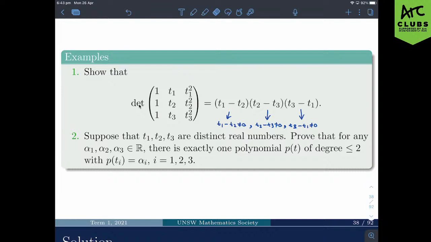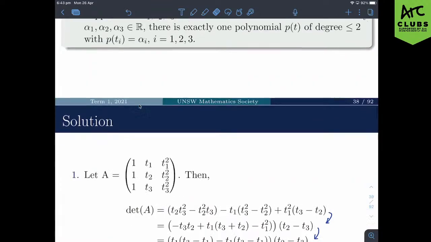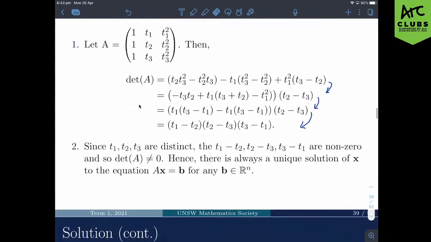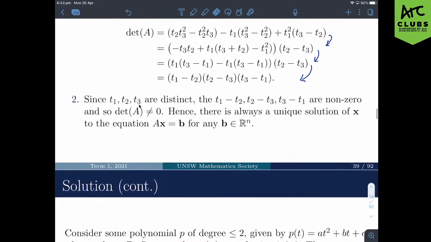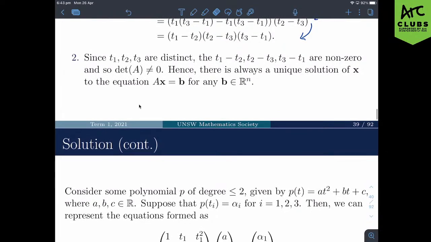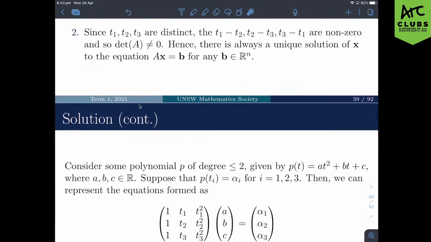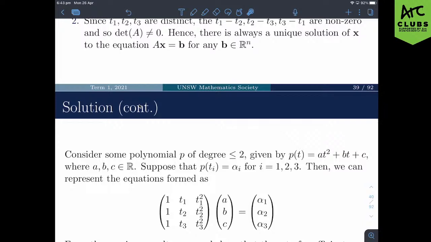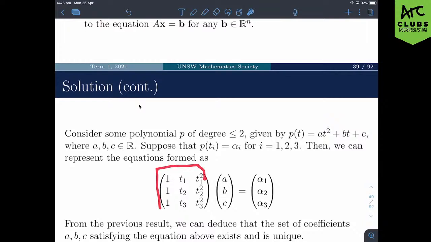So let's consider what set of linear equations we can form given PT(I) equals alpha I. So suppose that we can write PT as A T squared plus B T plus C. And by substituting PT(I) equals alpha I for I equals 1, 2, and 3, we get the matrix that we saw before.